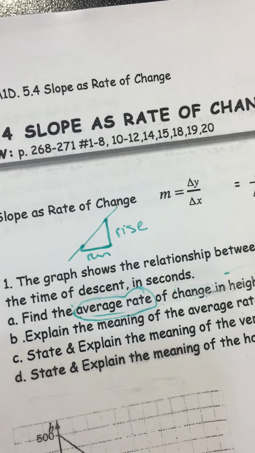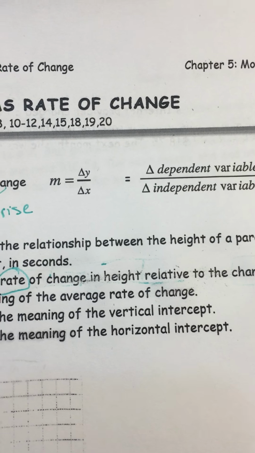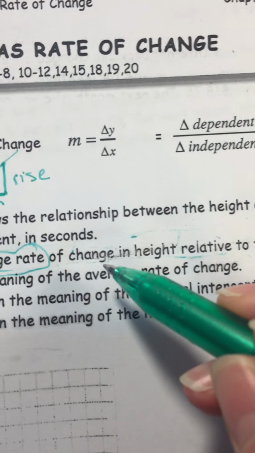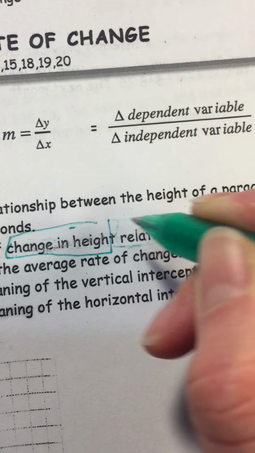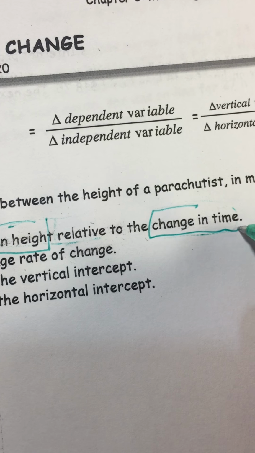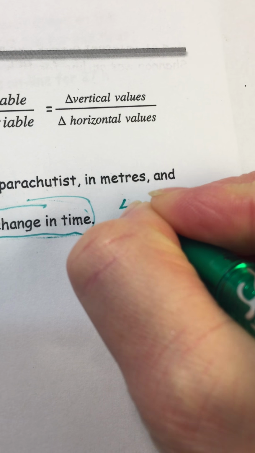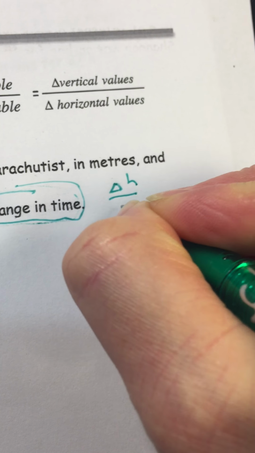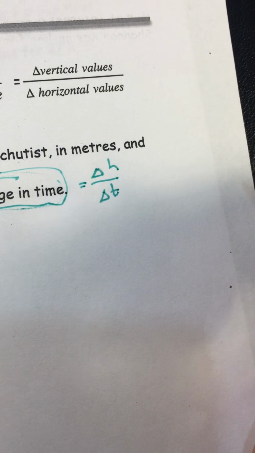There has to be something happening per some sort of time frame or other relative frame. So the change is in height relative to the change in time. So we want change in height over change in time. That's going to give us our rate.